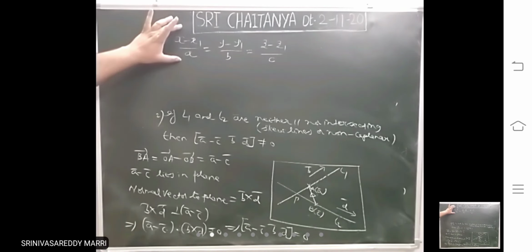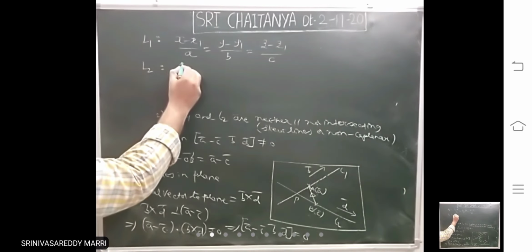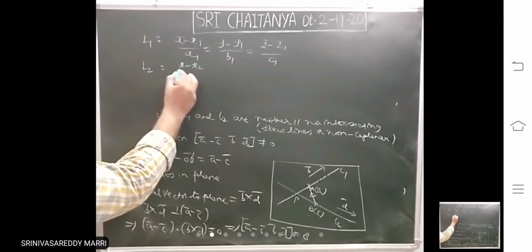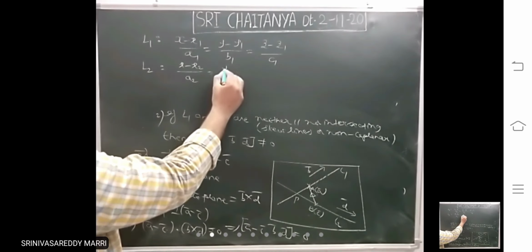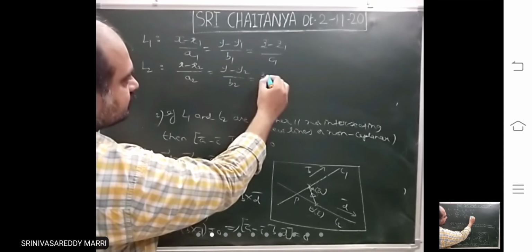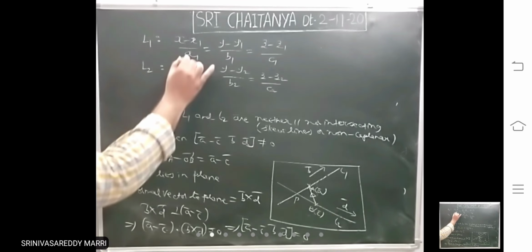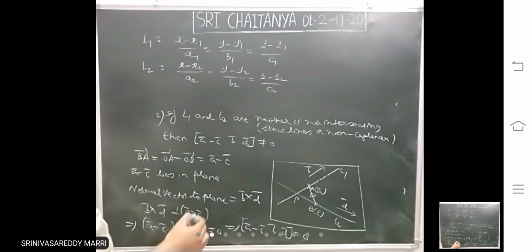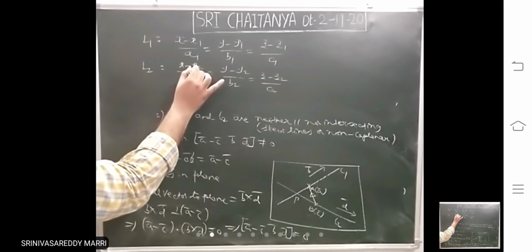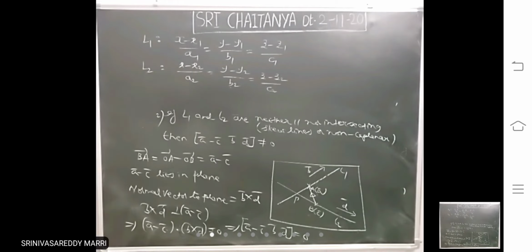So this is the given line 1, and line 2 is this. Line 1 passes through x1, y1, z1 and DRs are a1, b1, c1. Line 2 passes through x2, y2, z2 and DRs are a2, b2, c2.